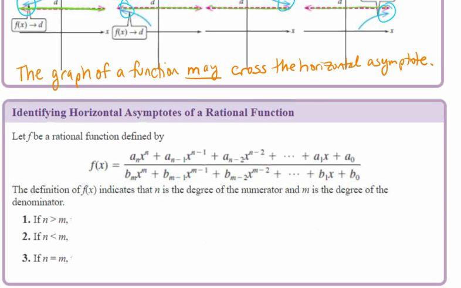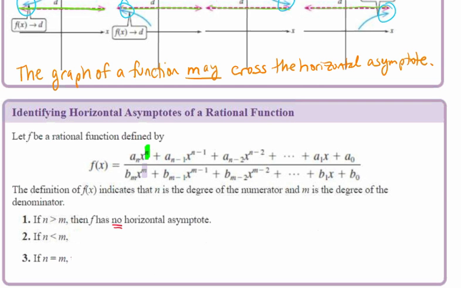If the numerator's degree is larger than our denominator's degree, then f is going to have no horizontal asymptotes.